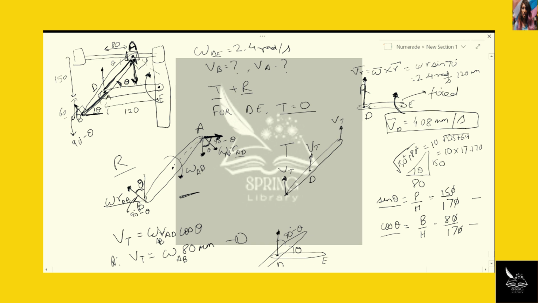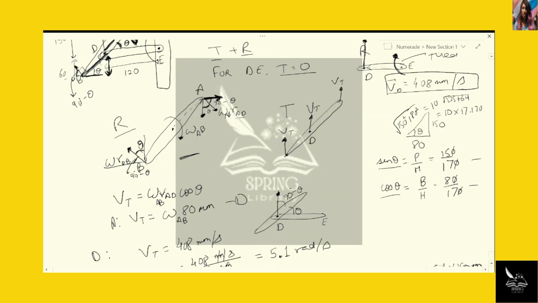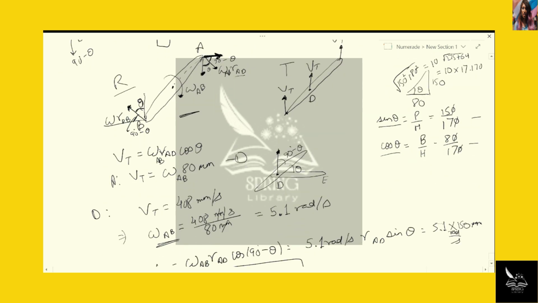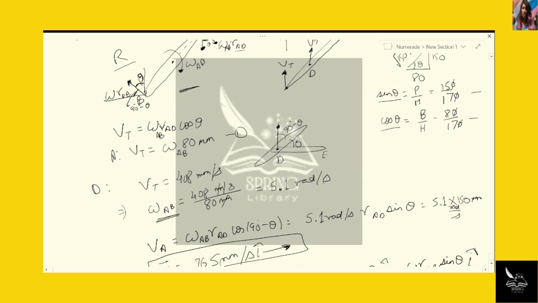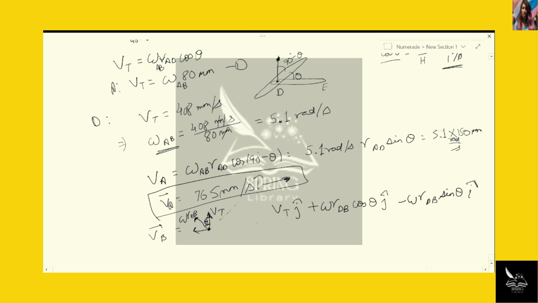So this distance is r dB sine theta, and r dB sine theta is going to be 60. And r dB cos theta we can figure out from r dB sine theta. Since the angle is the same, sine theta and cos theta are just going to be these numbers, so we don't need to worry about them. See, that's why it's useful to figure these out.